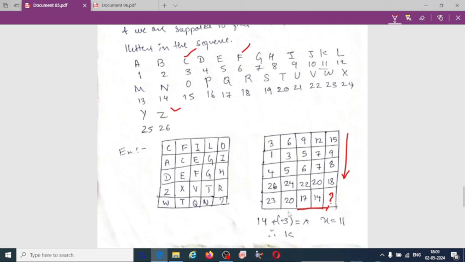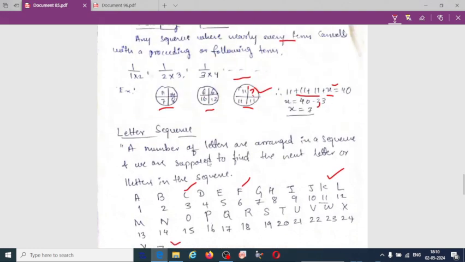In this row, each number has a difference of 3. 23 minus 20, 3. 20 minus 17, 3. 17 minus 14, 3. 14 minus 3 will be 11. So 11 stands for the alphabet K. So the required alphabet is K. Like that you have to solve the letter sequence.